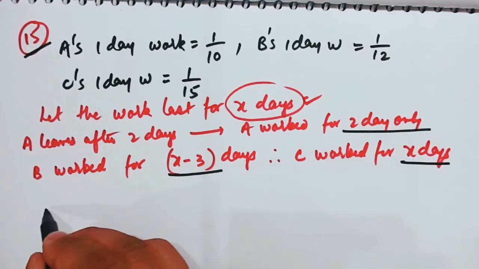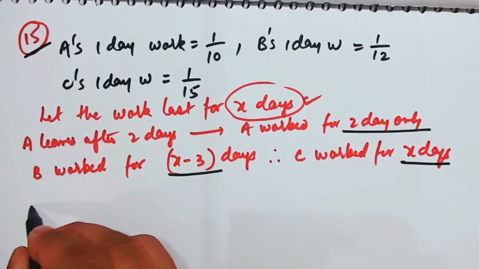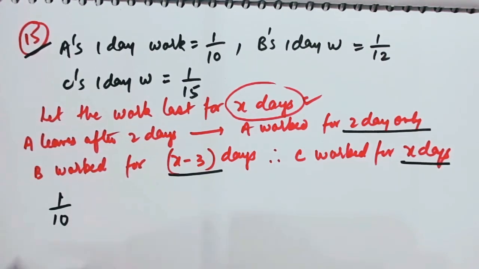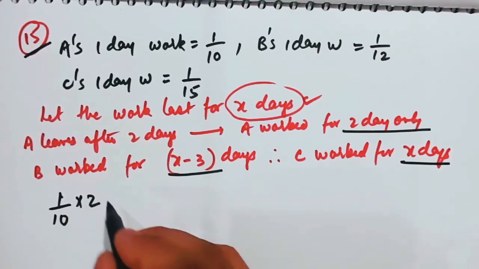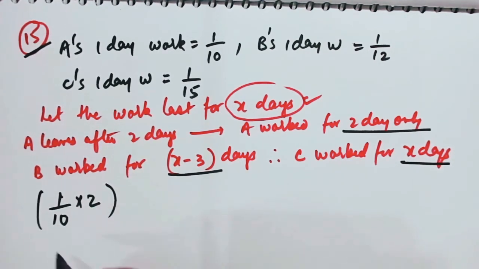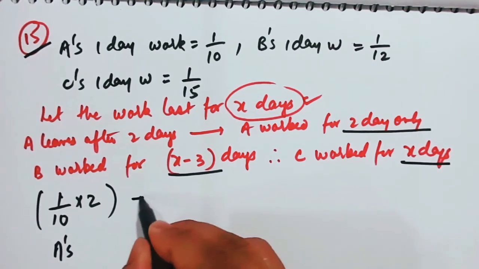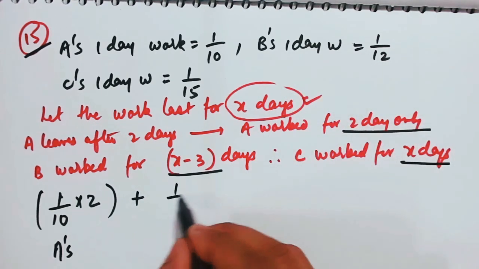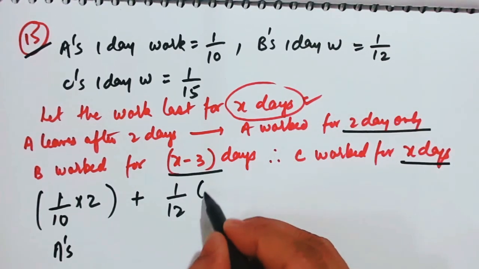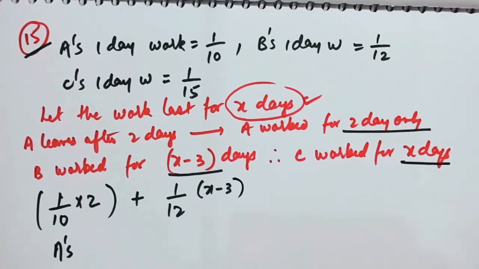So the amount of work done by A is equal to how much? A's 1 day work is 1 by 10 multiplied by 2. So this was A's 2 days work. Then B's 1 day work was 1 by 12, and he worked for x minus 3 days.